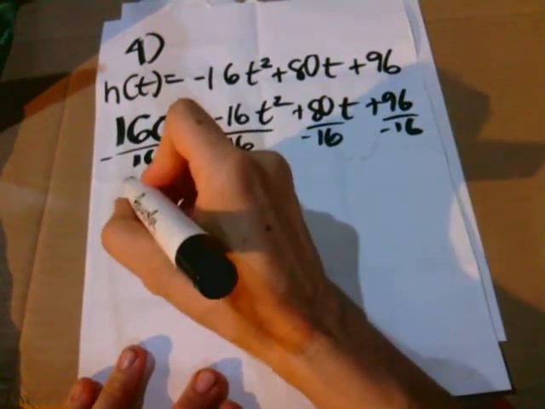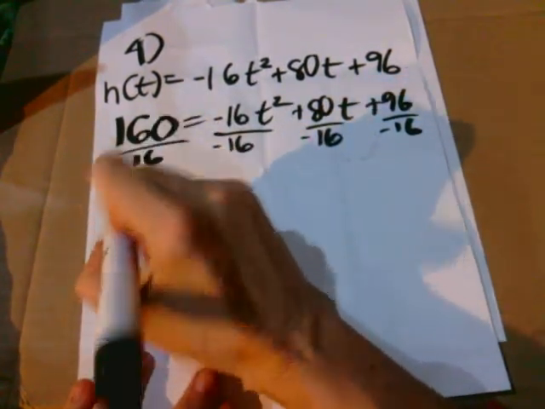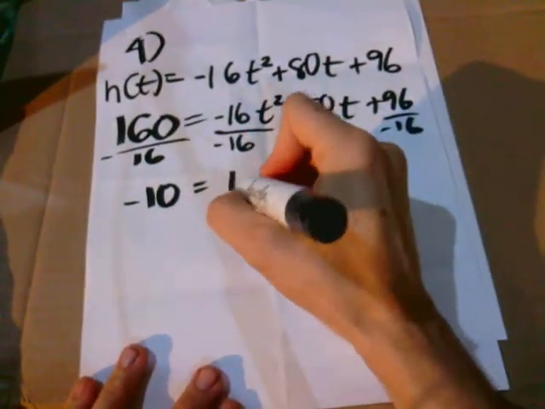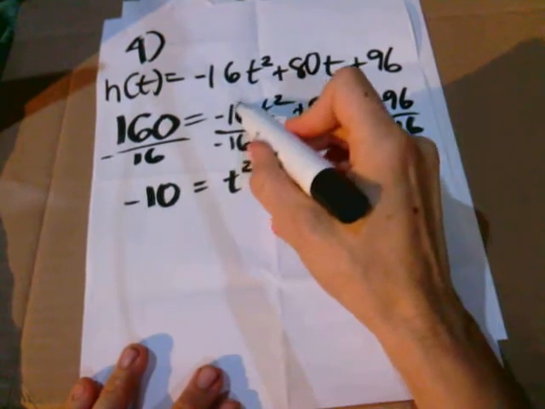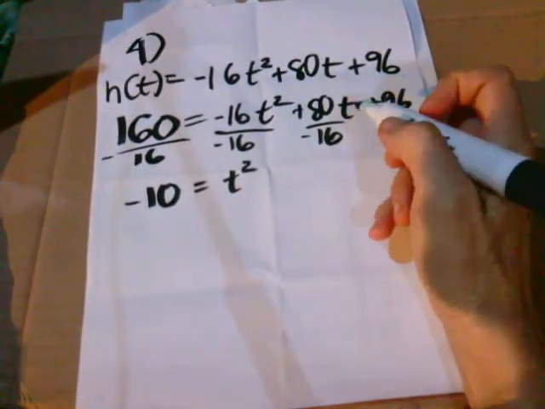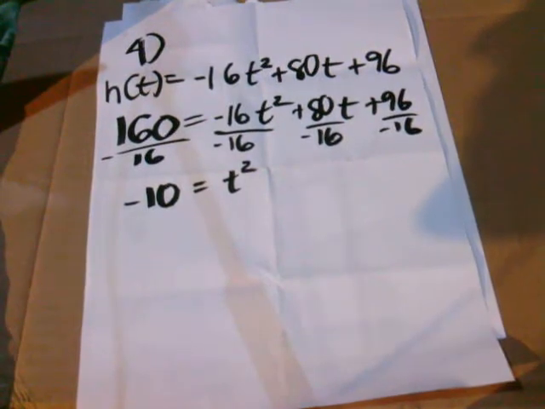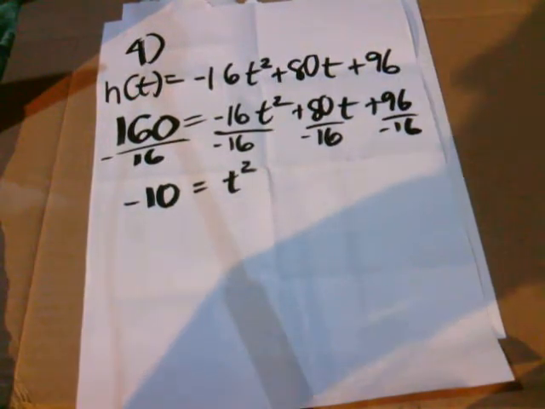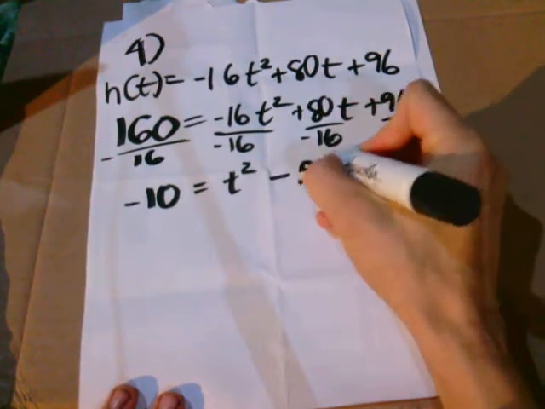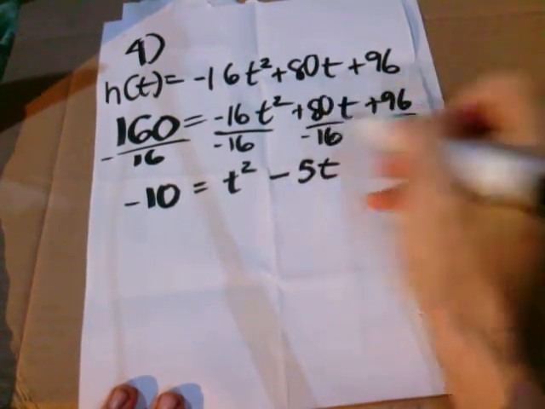This is going to give us negative 10 equals t squared, because these two cancel out. And 80 divided by 16 is 5, and so we need a negative 5t, because it's a positive over a negative.